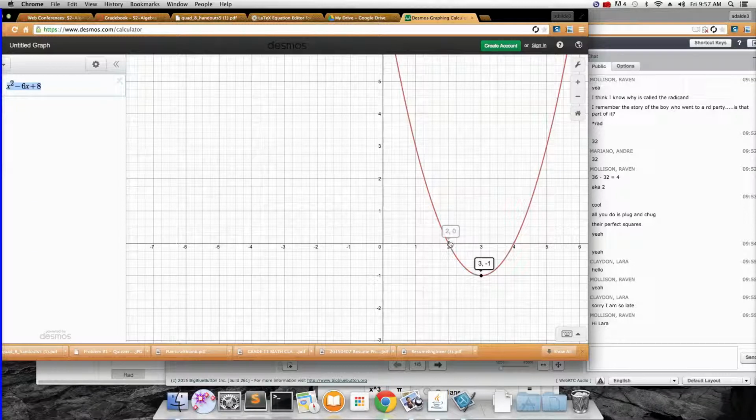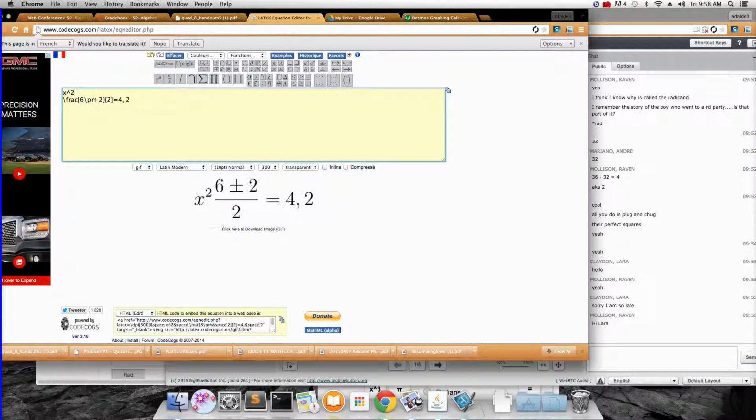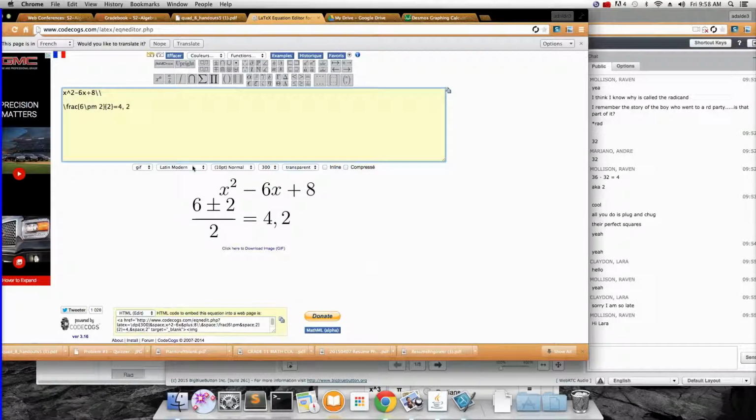But what's really cool about this is this. We could have, let's go back to our original equation. It was x squared minus 6x plus 8. What we could have done is we could have taken this equation and we could have factored it, right?